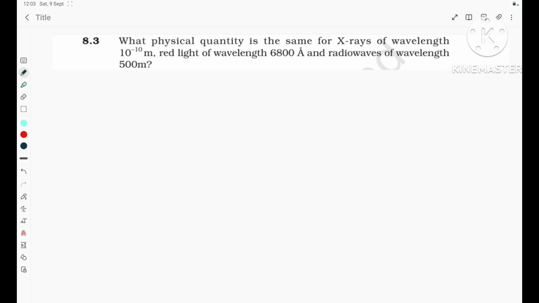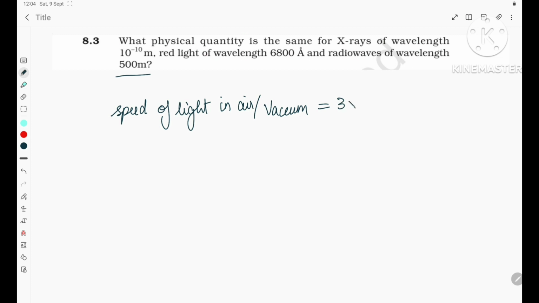They are asking what physical quantity is the same for X-rays of a given wavelength, red light of a given wavelength, and radio waves of a given wavelength. It's pretty obvious that the speed of light in air or vacuum is equal to 3 into 10 to the power 8 meter per second, and since light is an electromagnetic wave, and X-rays, red light, radio waves all come under the category of electromagnetic waves, when these waves are traveling in air or vacuum, their velocity or speed is going to be the same.